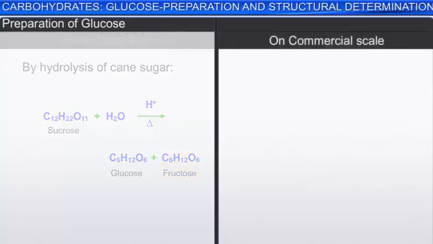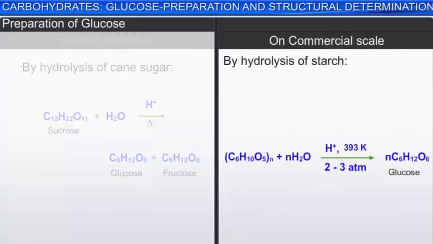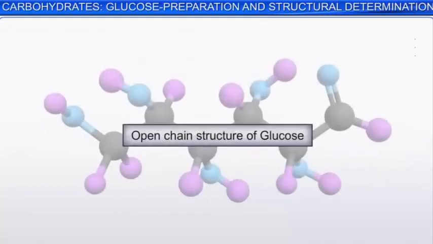On a commercial scale, glucose can be prepared by the hydrolysis of starch. Starch on boiling with dilute sulfuric acid at 393 Kelvin under a pressure of 2 to 3 atmospheres produces glucose. Let's now study in detail the determination of the open chain structure of glucose.